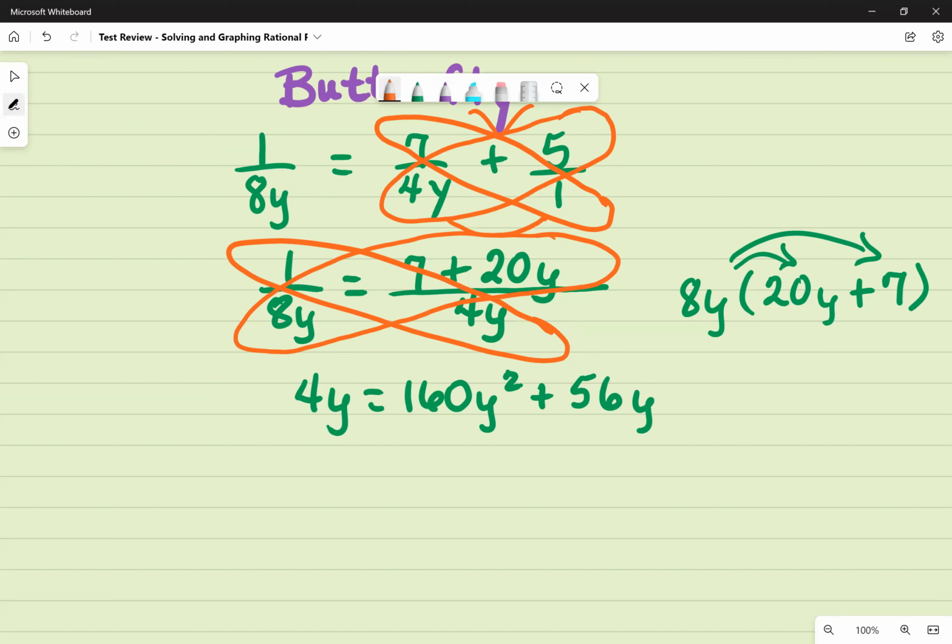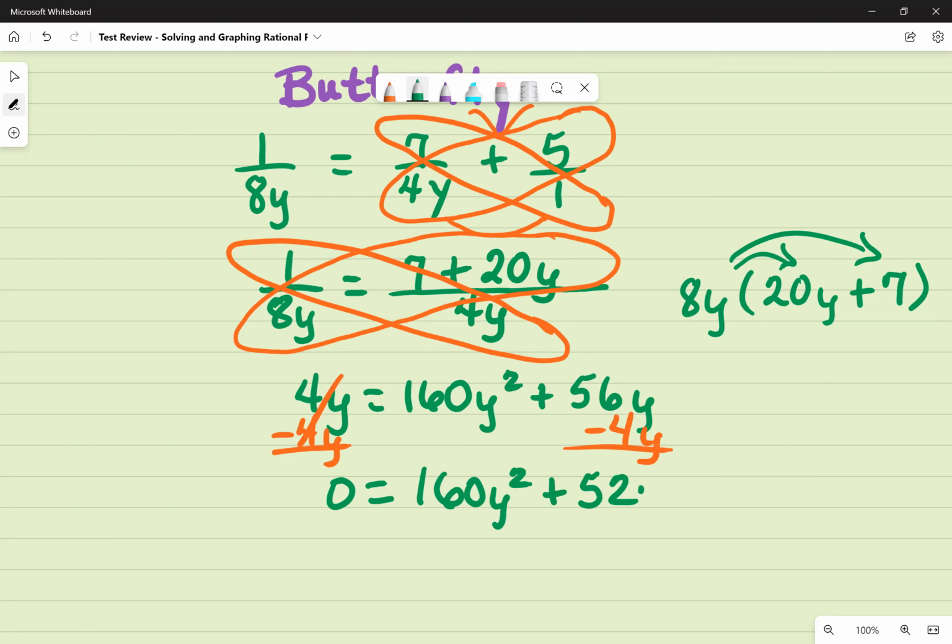So I want to put those together and set it equal to 0. So I'm going to subtract 4y on this side. The reason I did that is because my y squared is already a positive number, so I don't want to move that over to the opposite side. So when I get rid of the 4y on the left-hand side, that becomes 0. And now I have 160y squared plus 52y.